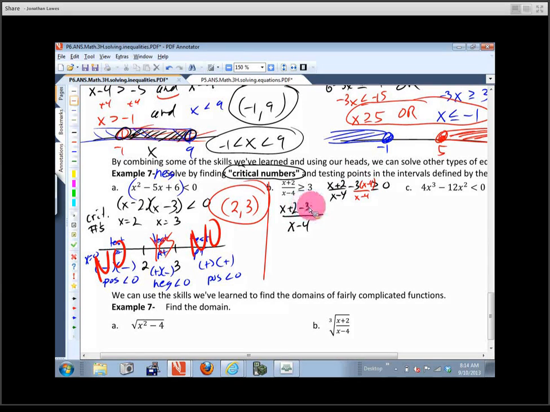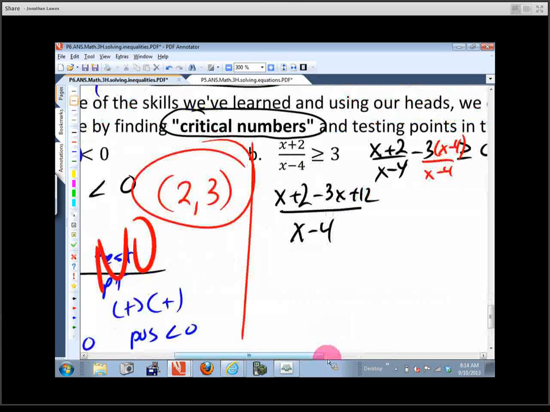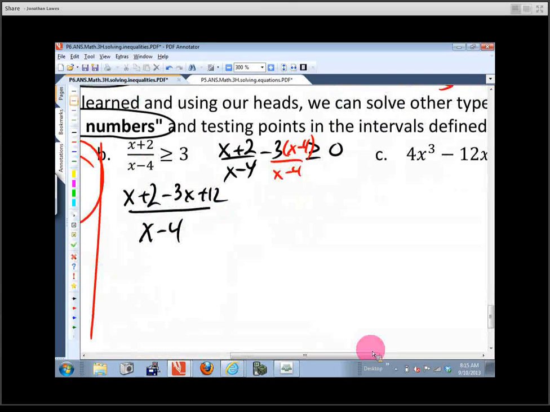That's going to be minus 3x and plus 12. Any questions? And that is still greater than or equal to 0. So all I need to do is put these together. So this is going to be a minus 2x and a plus 14. Everybody okay with that? And then x minus 4 greater than or equal to 0. Any questions to this point here?